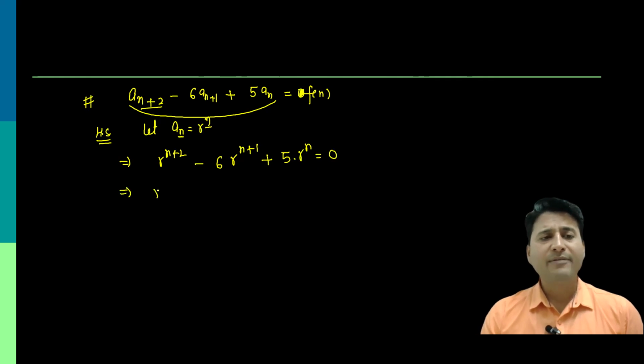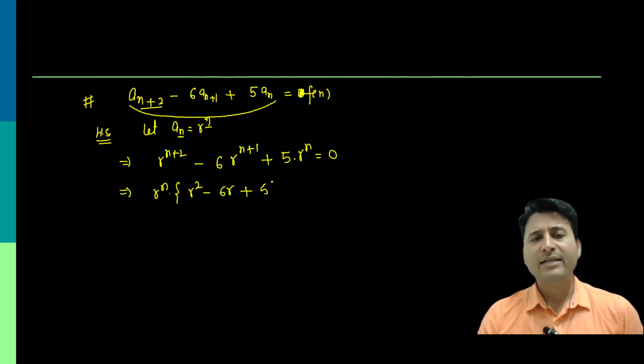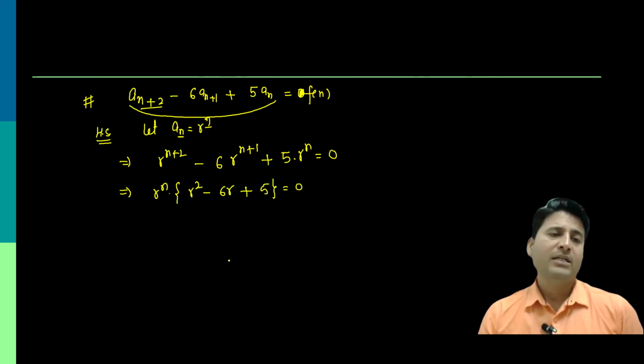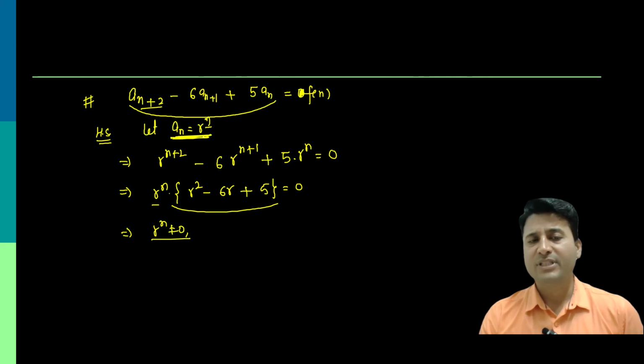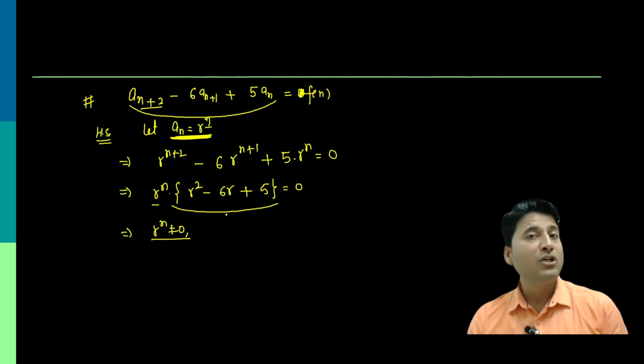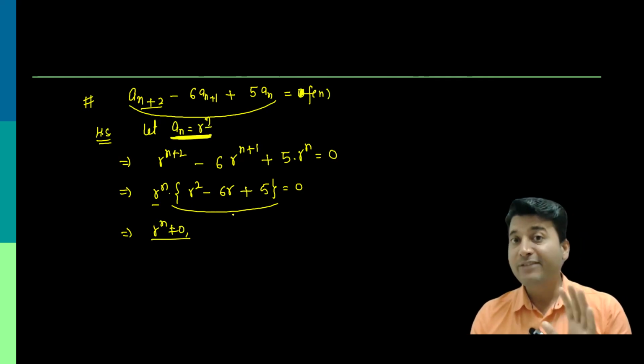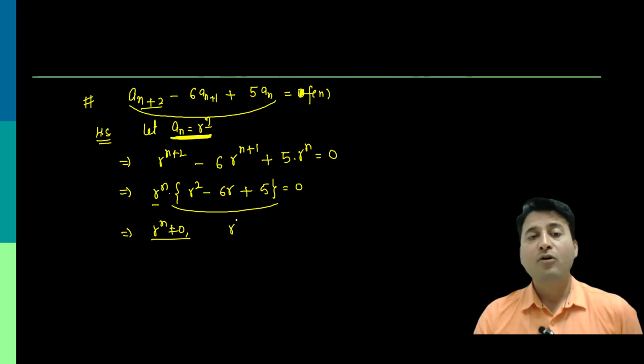I can take r power n common. What is left? r square minus 6r plus 5 equals 0. The product of these two terms is 0, so either one of them must be 0. But r power n can't be 0, because we are assuming this is the solution and we are finding the non-trivial solution. So what is left: r square minus 6r plus 5 equals 0.